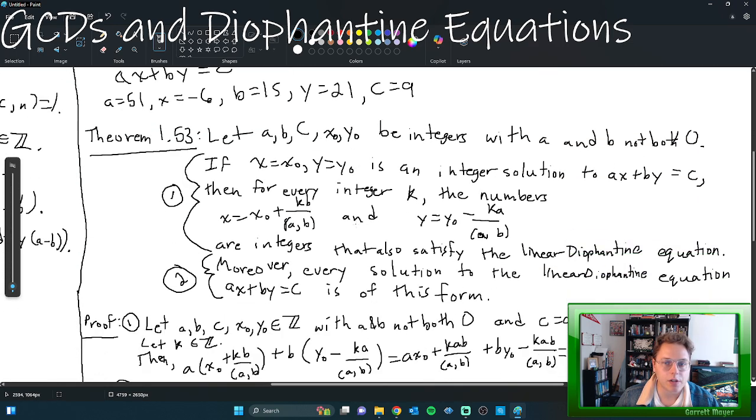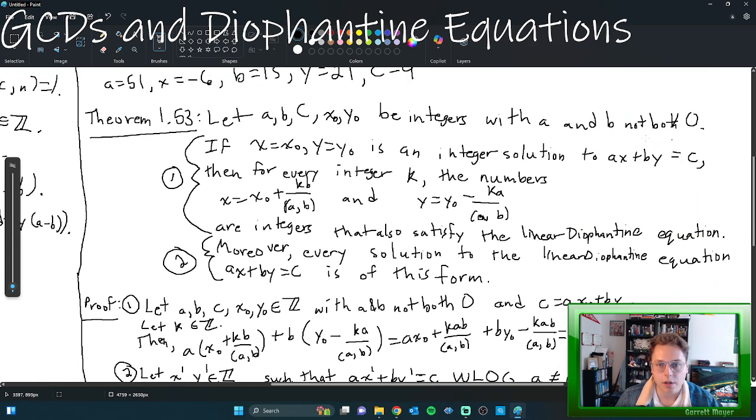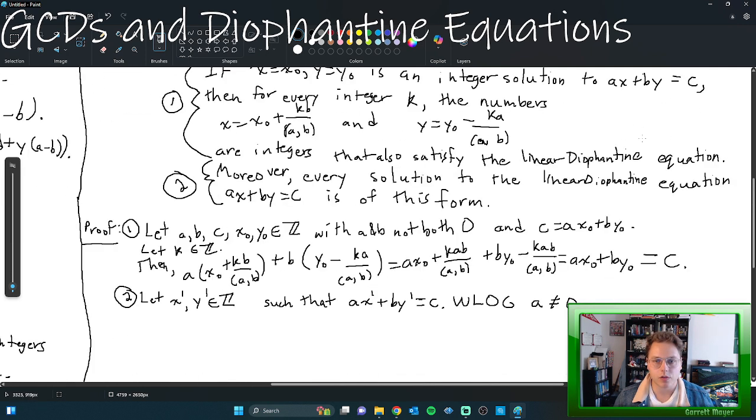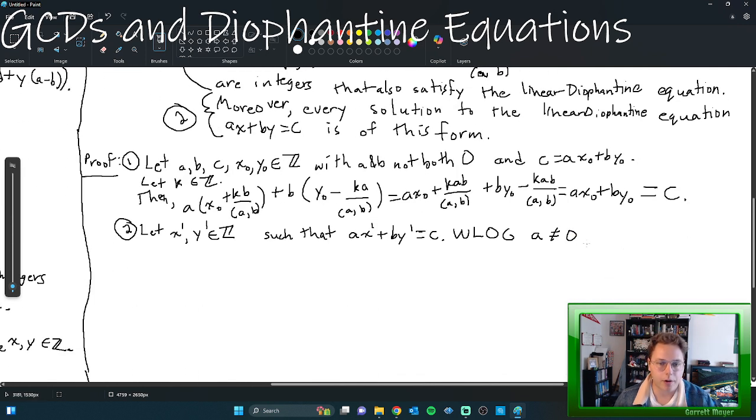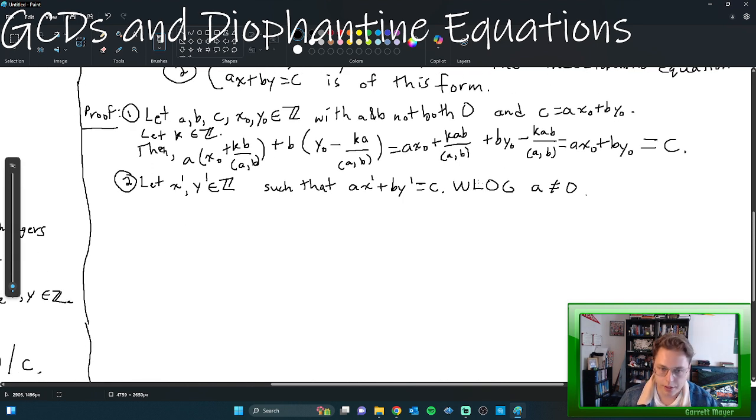Basically we can assume that a is not 0, and if b happens to be the one that's not 0 and a is 0, then we can just switch which one we're labeling a and b. So without loss of generality works here for that reason. This proof would be symmetric either way. So without loss of generality, a is not equal to 0.